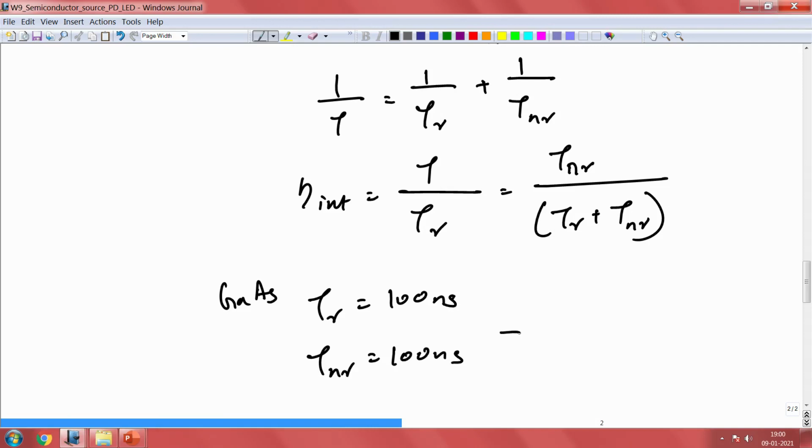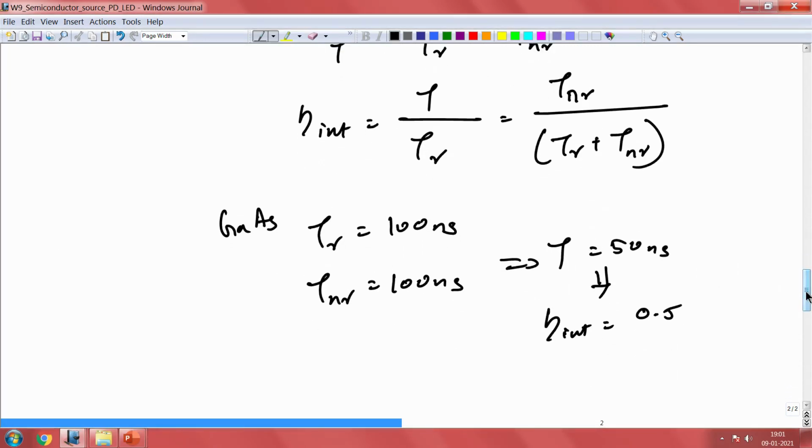So, this would result in a total recombination lifetime of about 50 nanoseconds, which would result in internal quantum efficiency of 0.5, which is quite high.